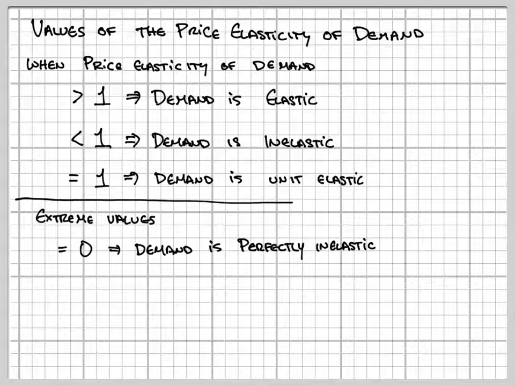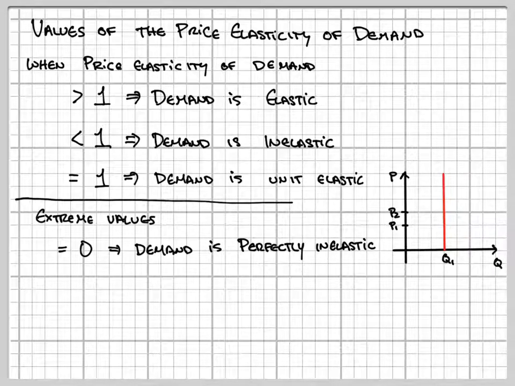This is an extreme case. This doesn't really exist in reality, but we talk about it in economics. If this is the case, then our demand curve for perfectly inelastic demand is going to be a vertical line. Because an increase in price going from P1 to P2 doesn't matter. We're always going to be demanding whatever that Q1 is. So perfectly inelastic demand is a vertical line. It's where price elasticity of demand equals 0.